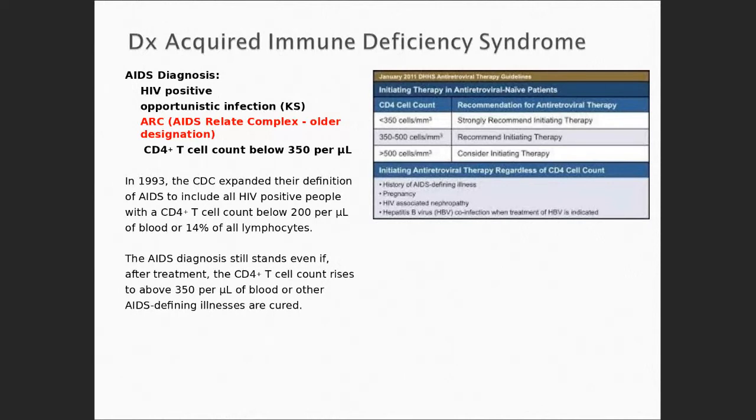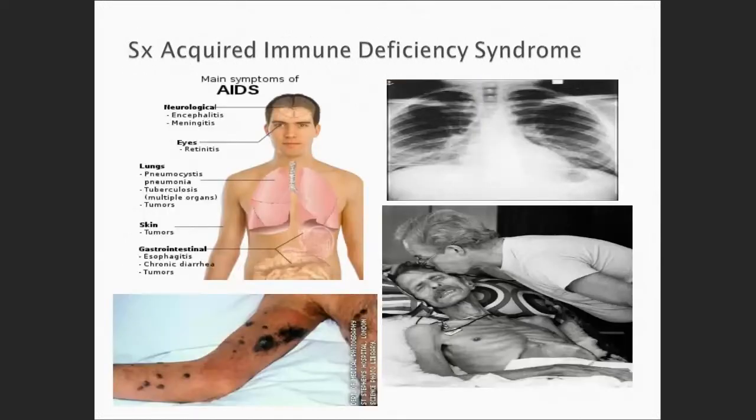An older term for that is ARC, AIDS-related complex. Almost nobody uses that anymore, but I put it there because some older people still do. It's really this opportunistic infection, or things like Kaposi sarcoma, which I'm going to show you in just a minute. If you have these three things, you're HIV positive, your T4 helpers are below 350 per microliter, and you've had an opportunistic infection or a cancer, then you are an AIDS patient, right?